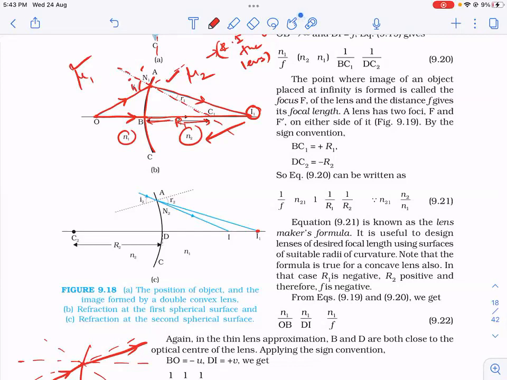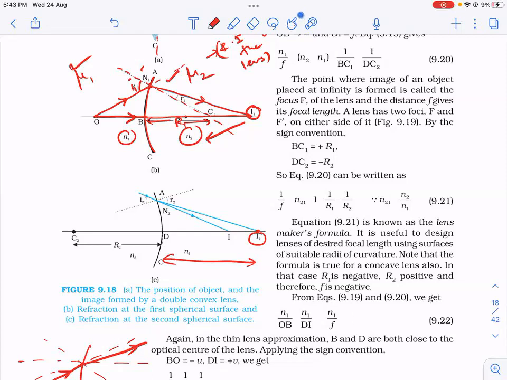It will not form. If it forms, you will be able to see two objects when you look through your lens. Okay, this is an intermediate step, and this image I1 starts acting as the object for whom? For the second refracting surface, which is looking like an inverted C.